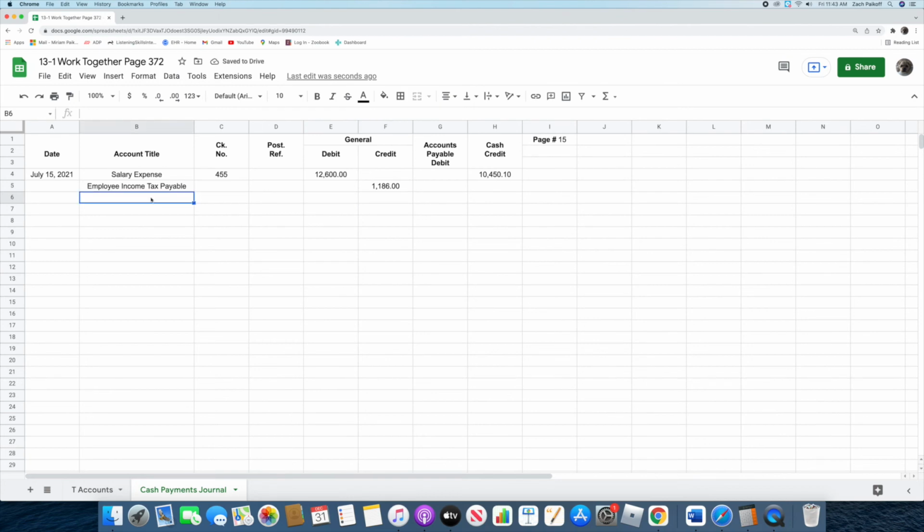The next payable liability is Social Security tax payable. And the amount is $781.20.